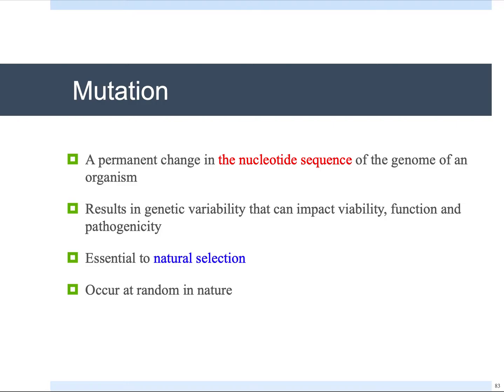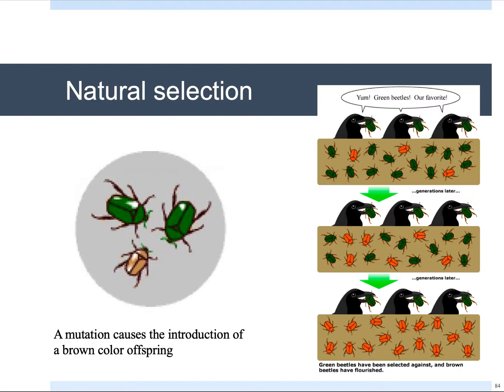We know that natural selection acts on variability, the differences that exist because of the differences in the genes that are expressed among different species. But since mutations occur randomly, natural selection just acts on these traits that are expressed.